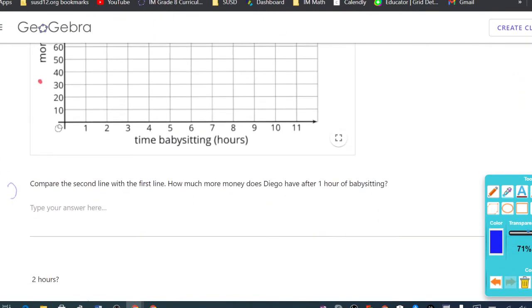It says, compare the second line with the first line. How much more money does Diego have after 1 hour babysitting? How much more money does he have? Well, in the second line, he started with $30 before he even worked. So let me write that down.